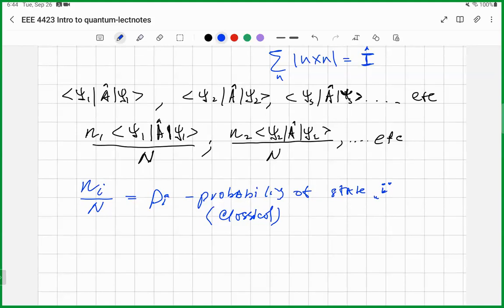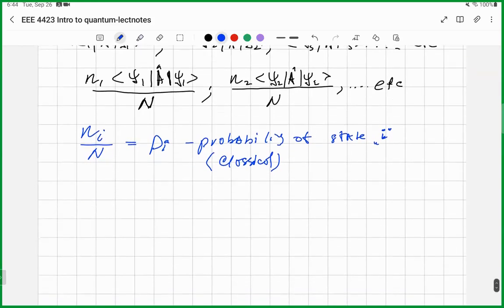And p_i is the probability of finding the system in the state i.